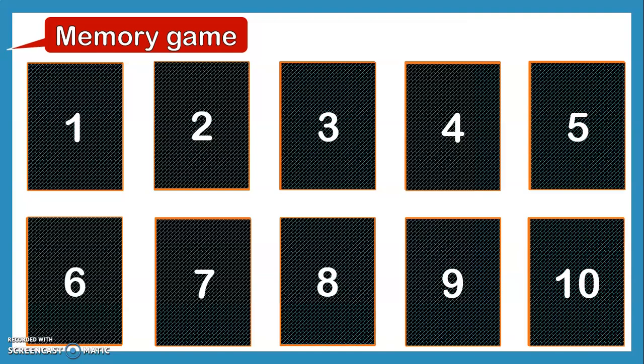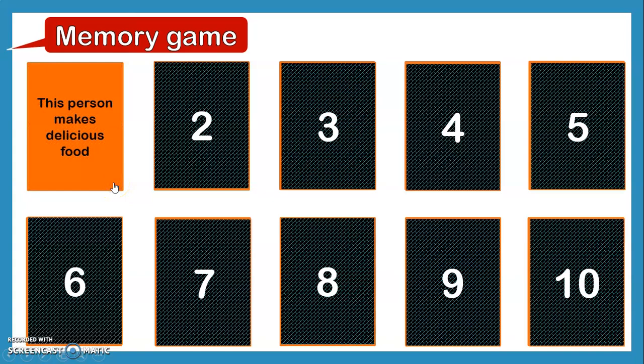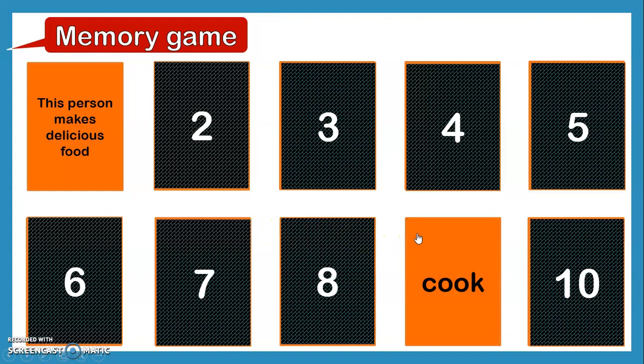Tell me a number. Okay, nine. Ah, one. Okay. This person makes delicious food. Who is it? What number? Okay, let's see. Nine. Yes. Who is it? The cook, no?